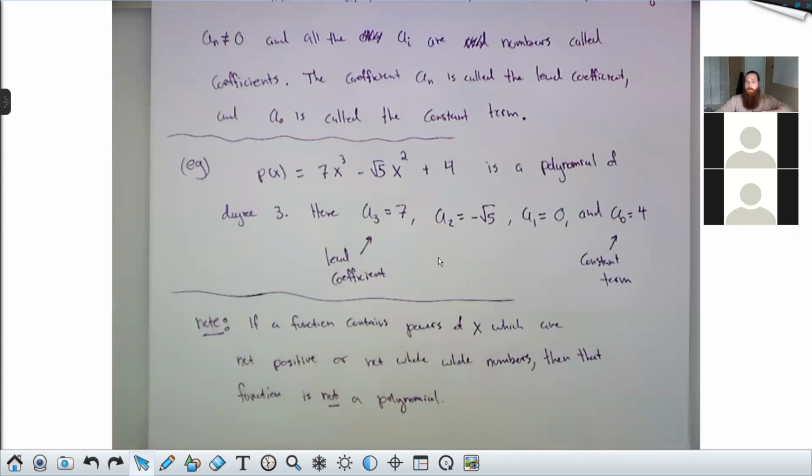So yeah, having negative powers of x or having powers of x which are not whole numbers kills the polynomial definition. So polynomials are like the function version of whole numbers. And accordingly, the powers of x in a polynomial must be non-negative whole numbers.